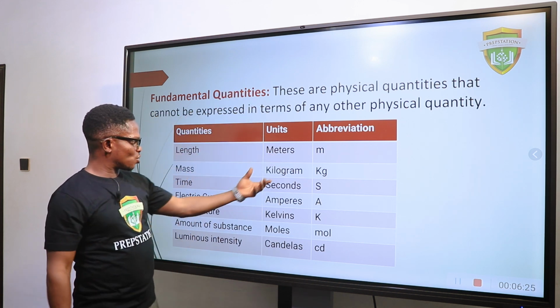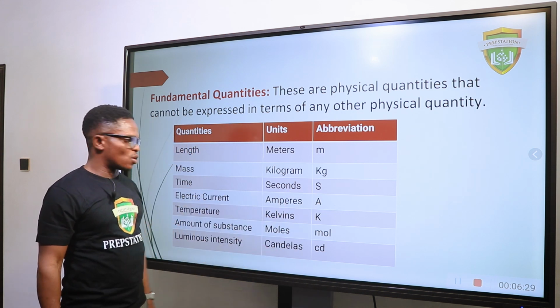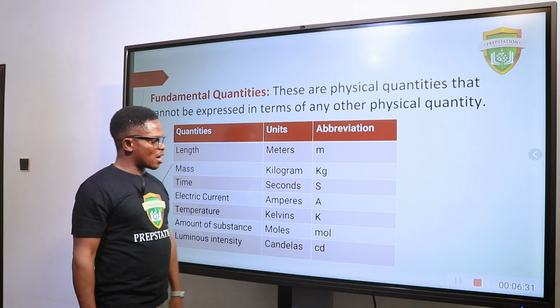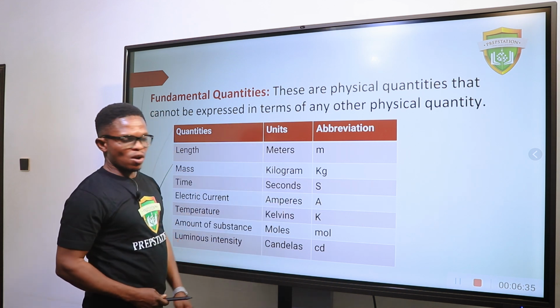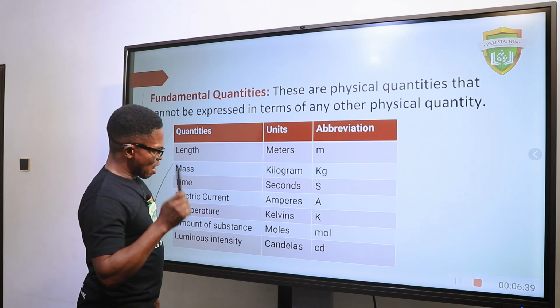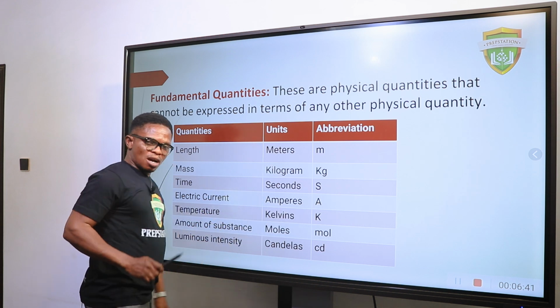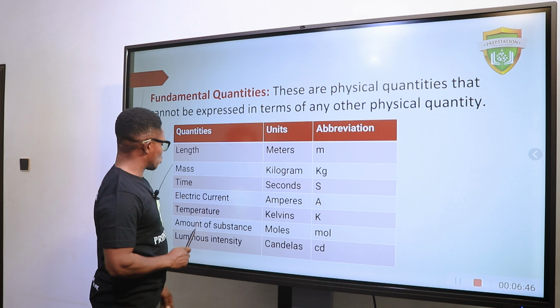And then for mass, you have kilogram, just like we have grams, tons, and all of that, but the agreed SI unit is kilogram. Then we have seconds for time. Of course, for time we have hours, minutes, seconds, but the agreed unit for time is seconds. Then current is amperes.